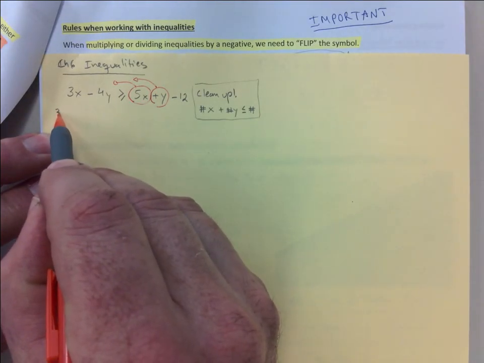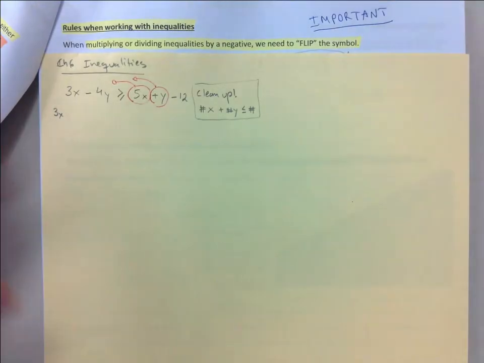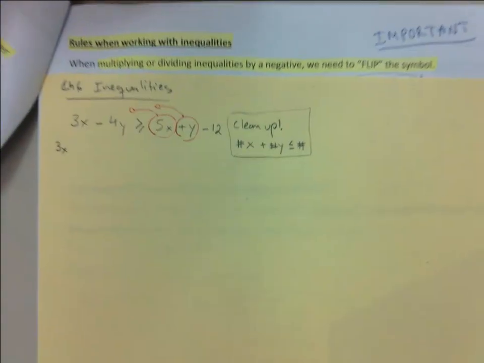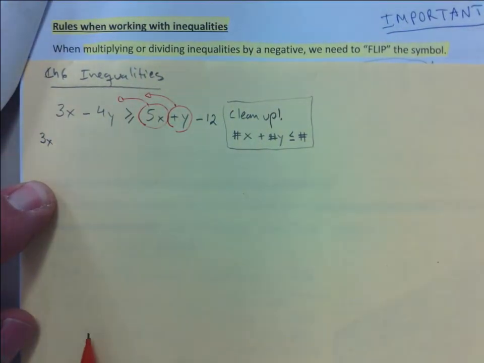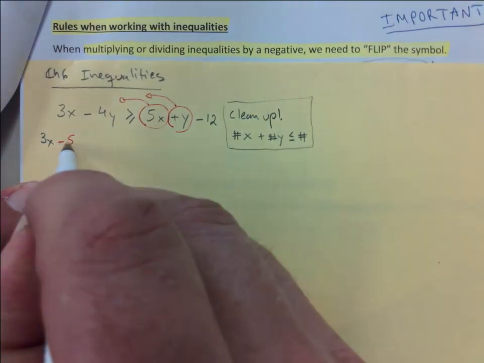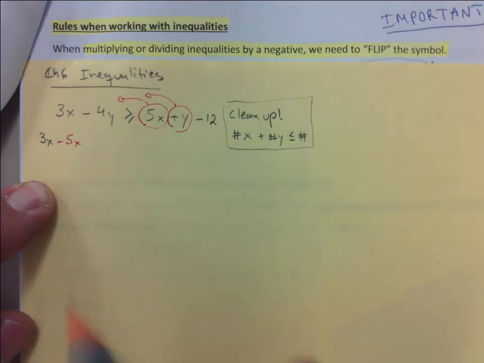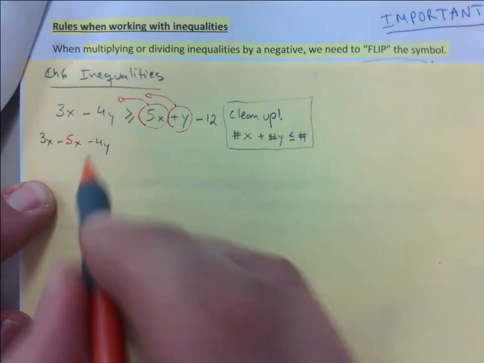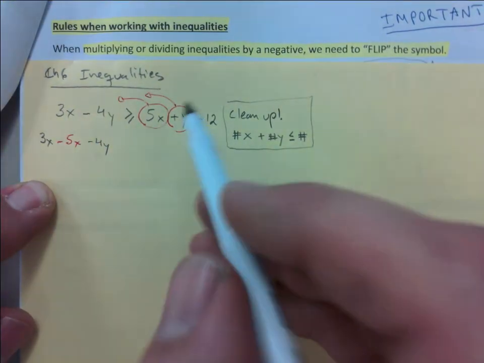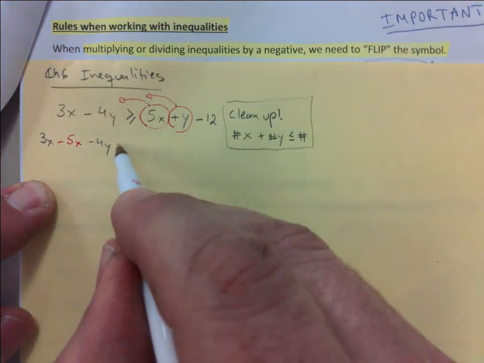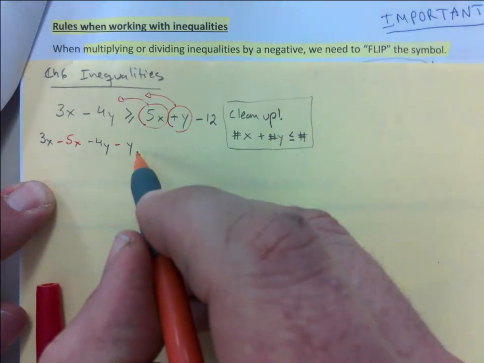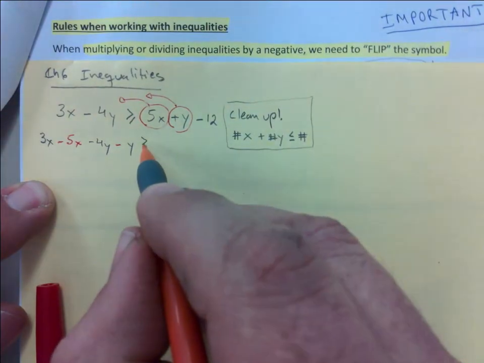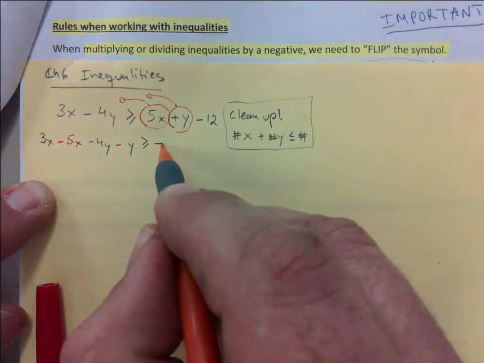So it ends up being 3x minus 5x minus 4y. And the y is positive on this side. If it comes over, it's negative. And the inequality stays the same, minus 12.